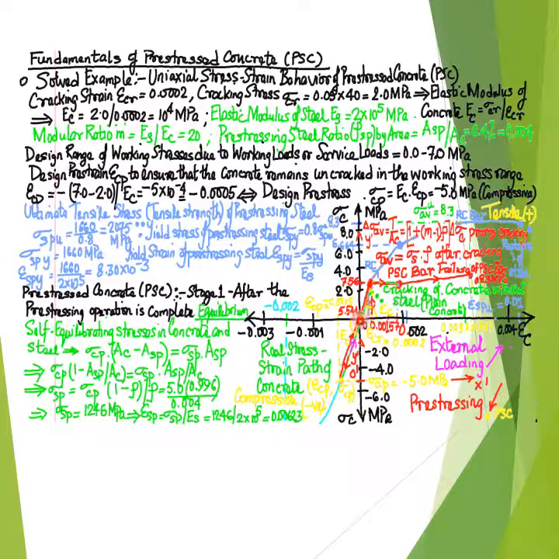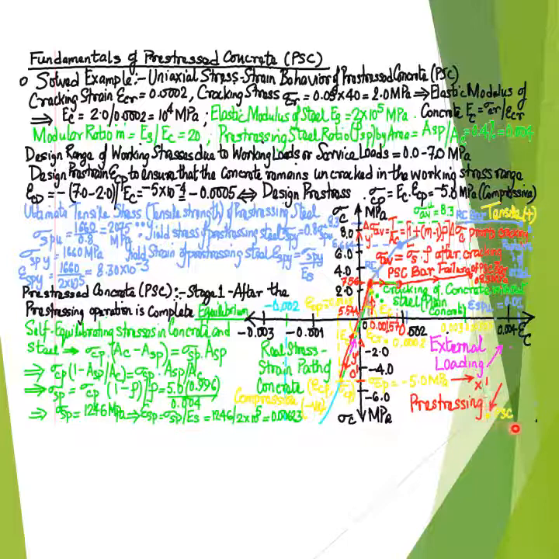And the stress strain path that is traversed by the concrete in the pre-stressed concrete bar is highlighted as the green straight line, or the green curve in general, with the red arrow illustrating the direction of the stress strain path traversed by the concrete in the pre-stressed concrete bar by the virtue of the pre-stressing of steel.